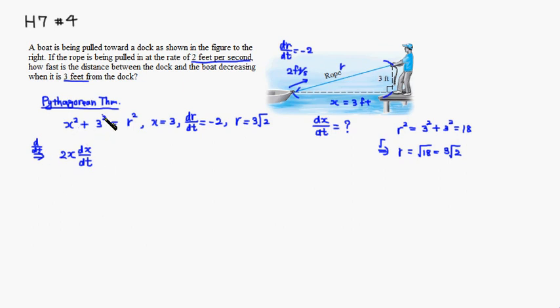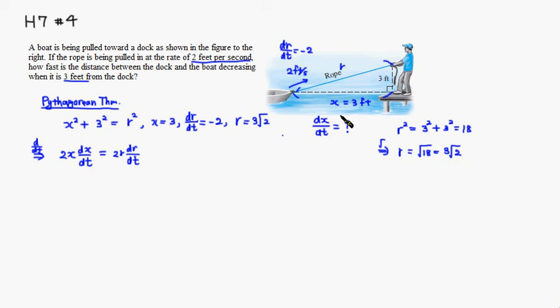The derivative of 3 squared is 0, since it's a constant. Then the derivative of r squared is 2r times dr over dt.